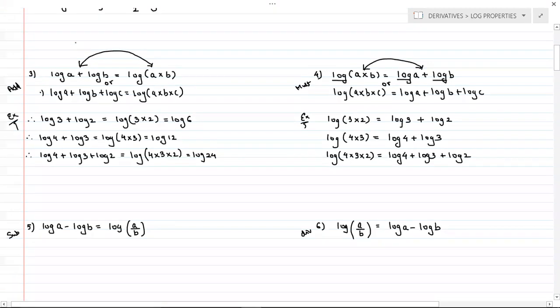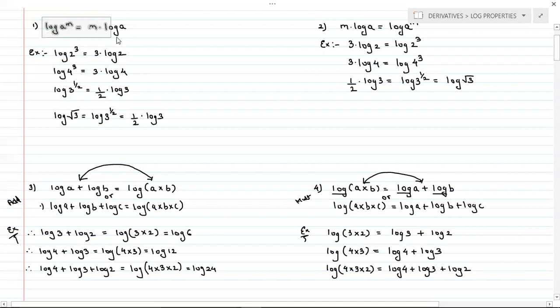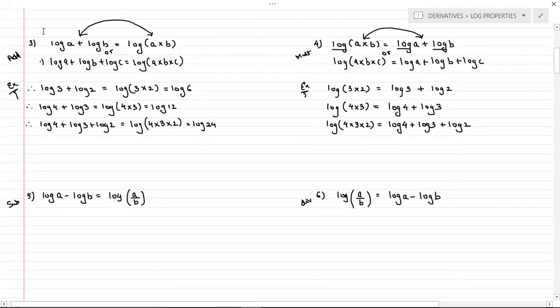So I hope you understood the first four properties. Okay, so here it is log a raised to m is equal to m into log a. The second one is the reverse process of the first one, m into log a can be written as log a raised to m. The third property, where clearly we can see that addition gets converted into multiplication, yes or no?